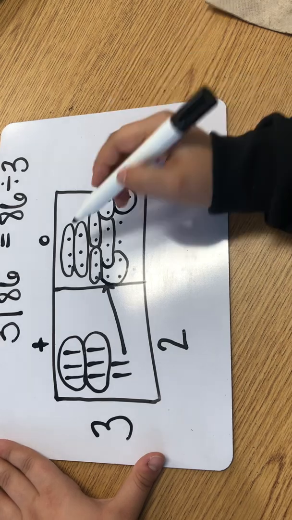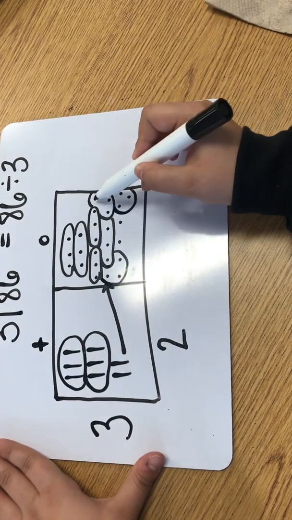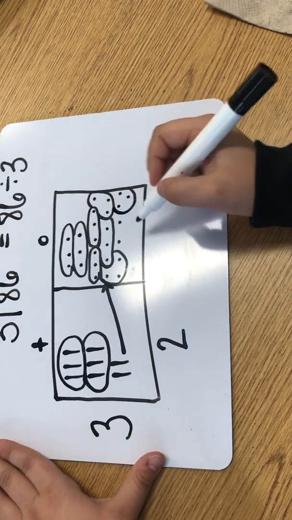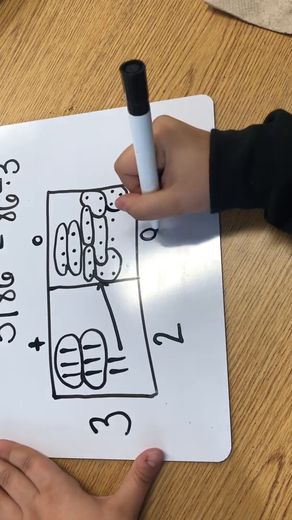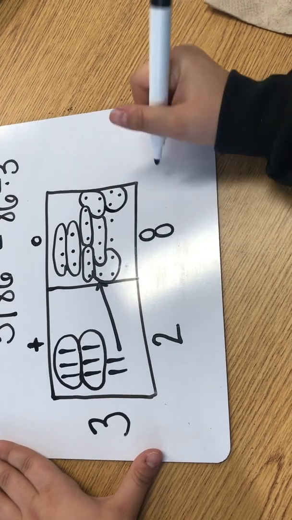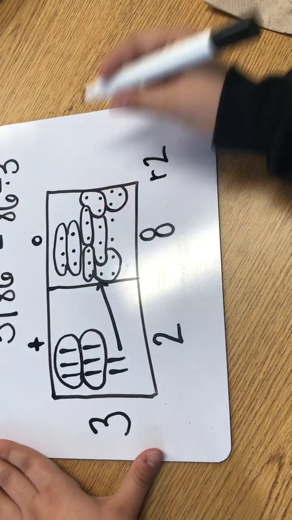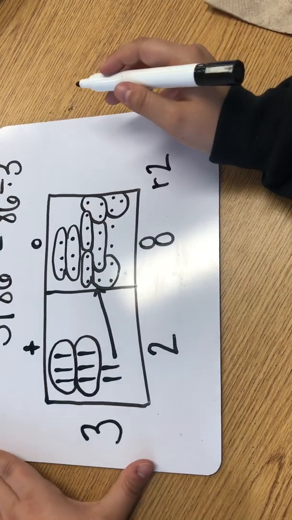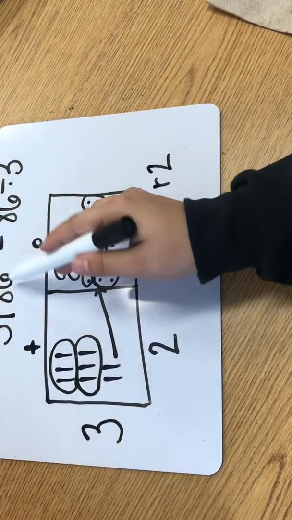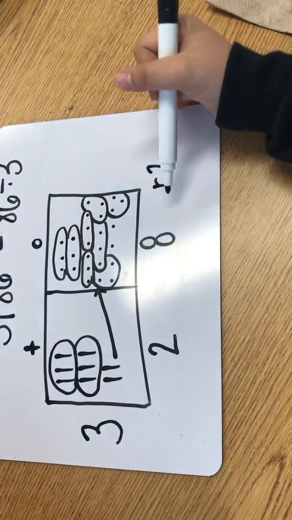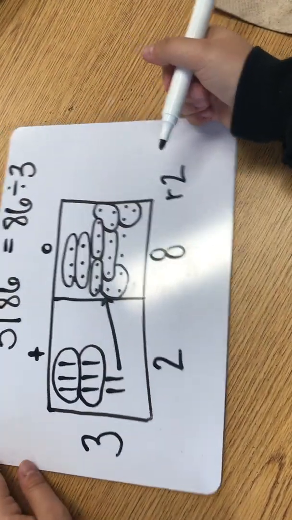All right, so I have 1, 2, 3, 4, 5, 6, 7, 8. I have 8 equal groups of 3 and 2 left over. So 2 is going to be my remainder. Okay, so as you can see, 86 divided by 3 is 28 with a remainder of 2.